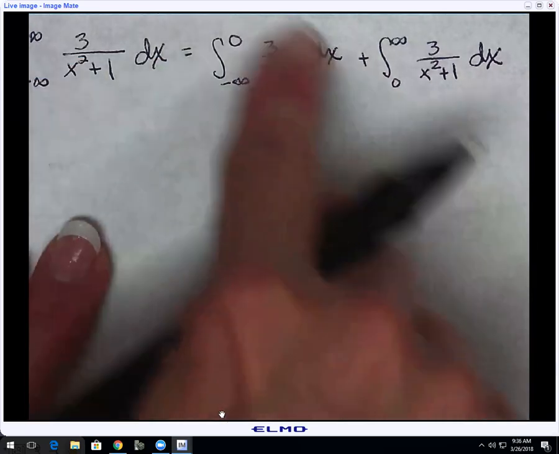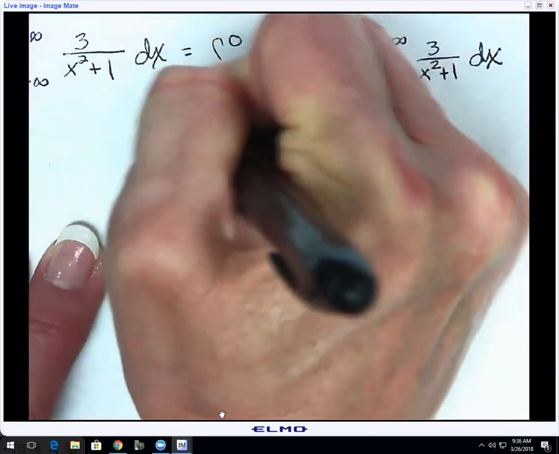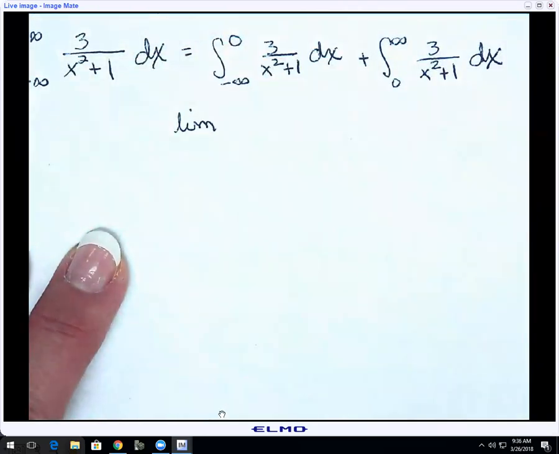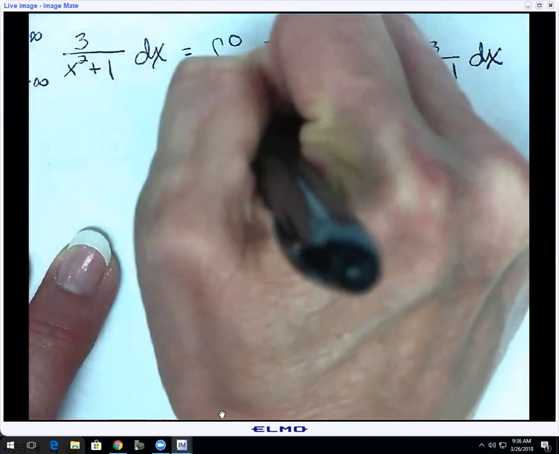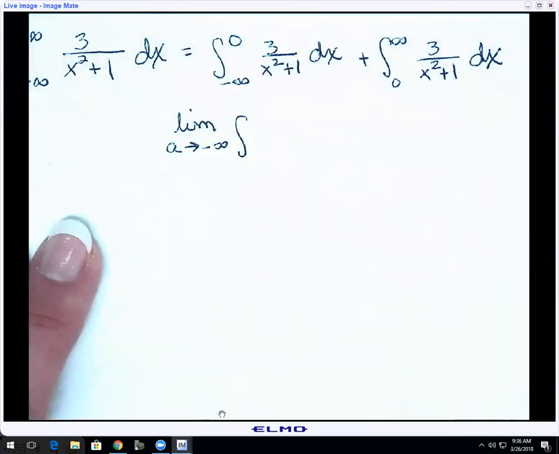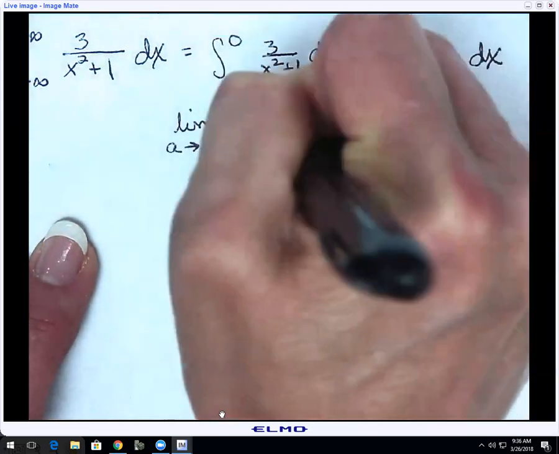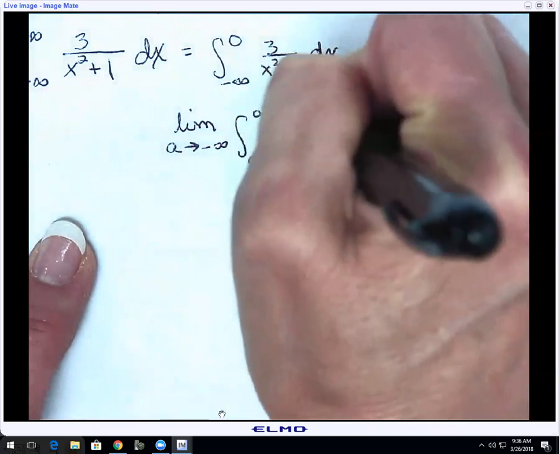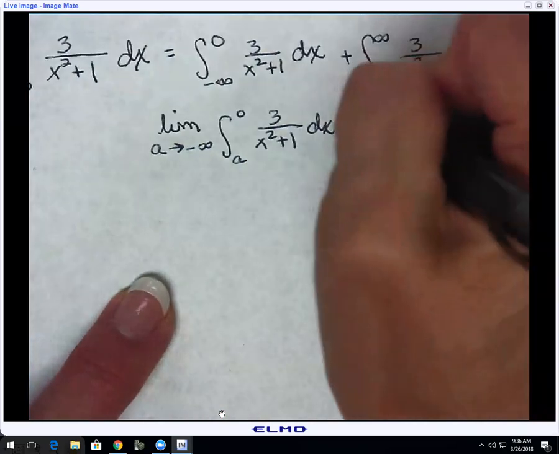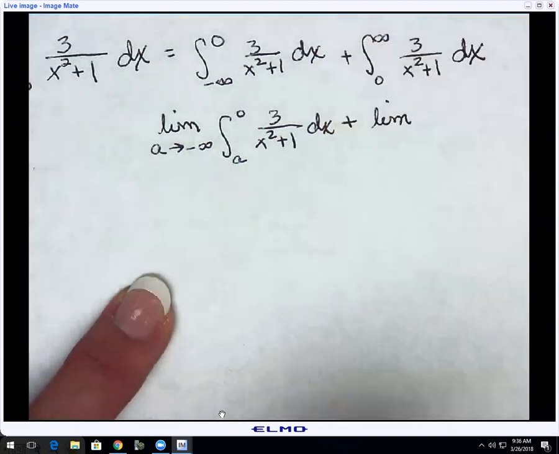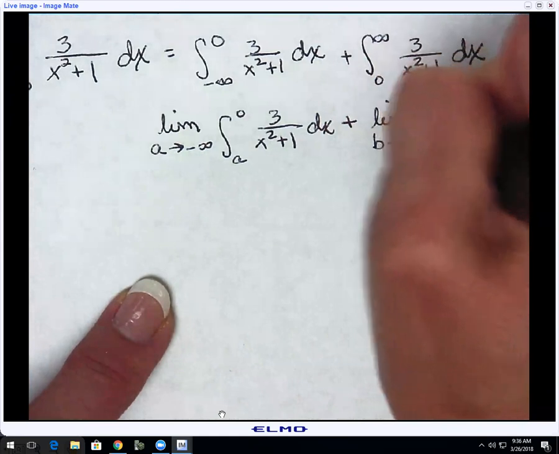We've got to write this first improper integral as the limit as what? A goes to negative infinity. The integral from where to where? A to 0. And we'll write the second one as the limit as what? B goes to infinity of 0 to b.